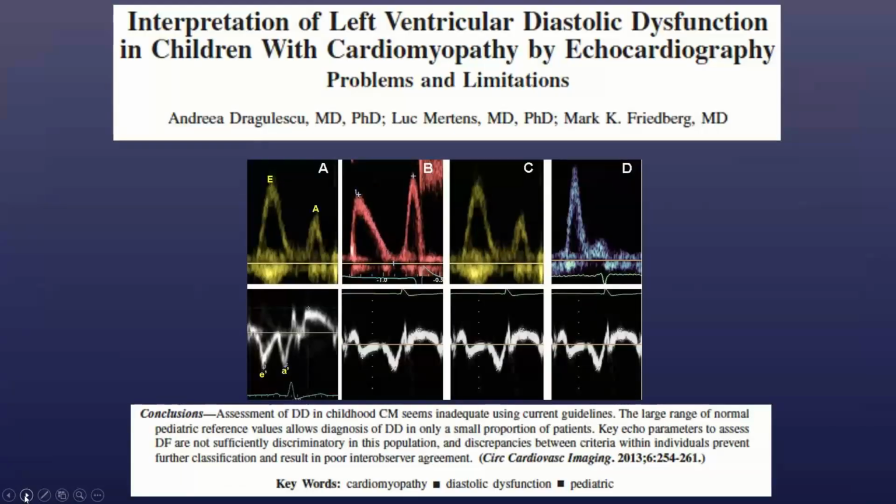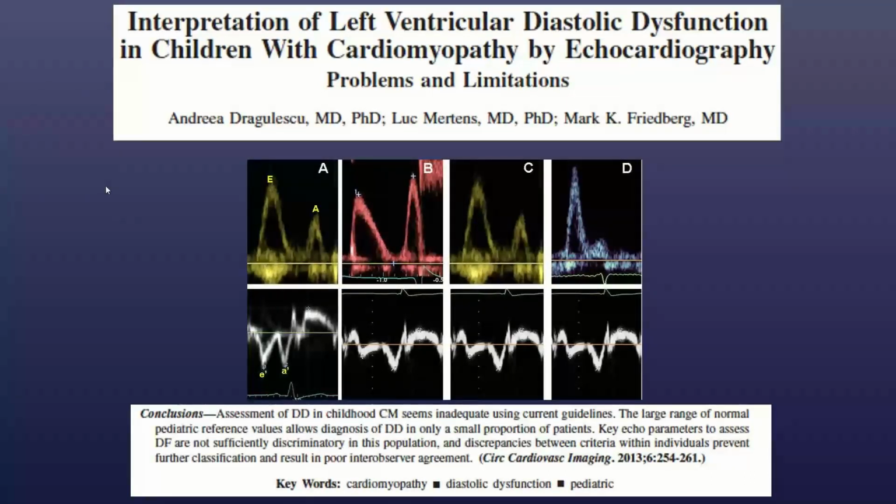Another area where advanced echo modalities may be of help in the evaluation of young patients is the assessment of diastolic function. This is a very nice paper by Andrea Dragulescu a few years ago, where they assessed diastolic dysfunction in children.